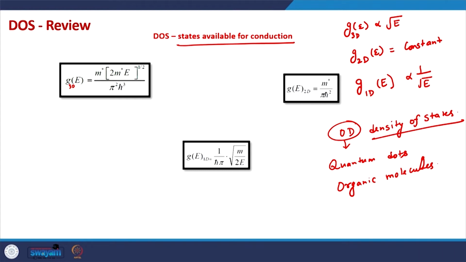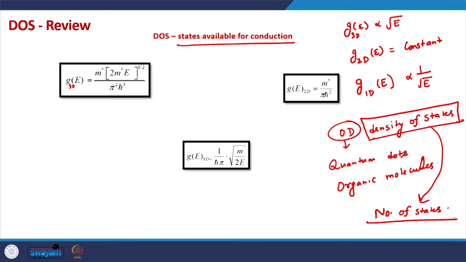So in this case, what would be the density of states? That is the question. As you might recall, in order to find the density of states, we need to count the number of states, and for that we need to see how electronic states are distributed in a material.